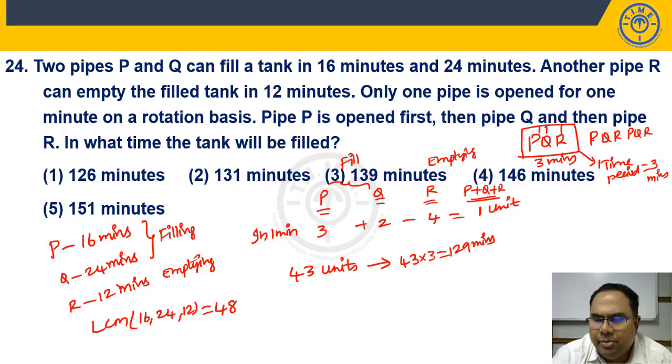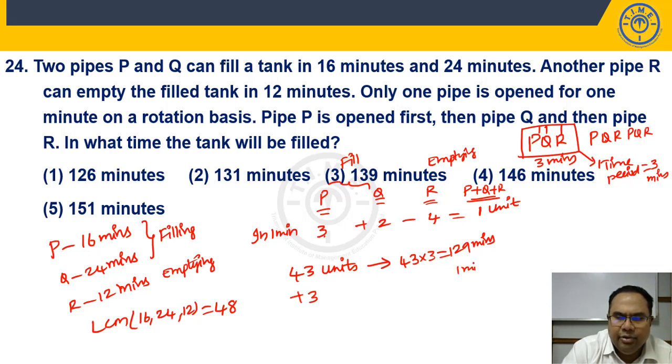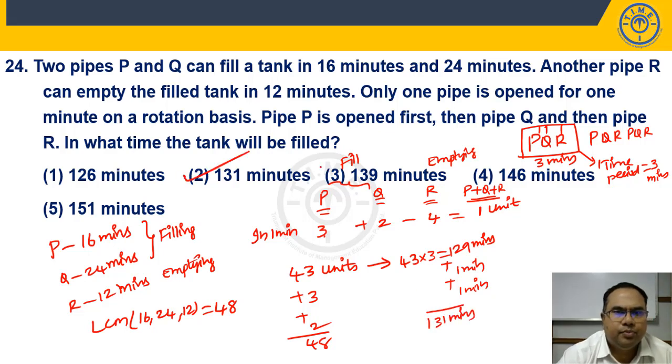So after one time period P is coming, after that Q, after that R. So after 43 units, P will come, in another 1 minute he will fill 3 units, then Q will come, he will fill another 2 units. So total 48 units are filled in 129 plus 1 plus 1, 131 minutes. Option 2.